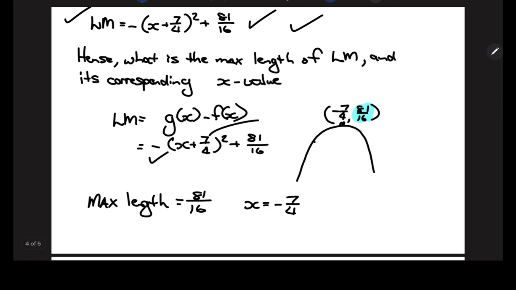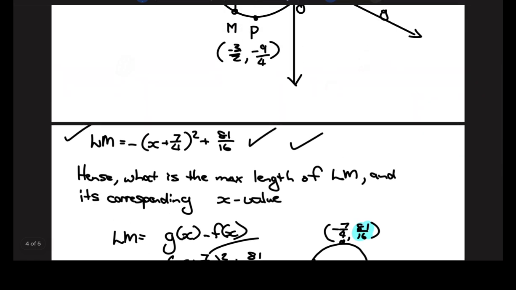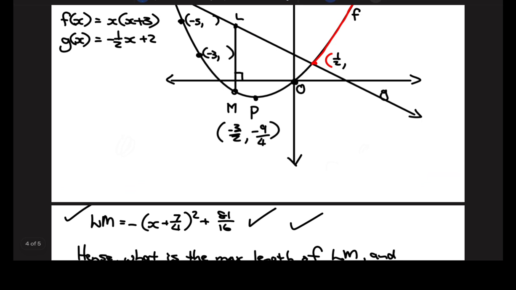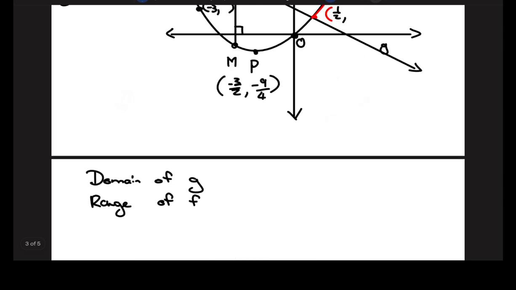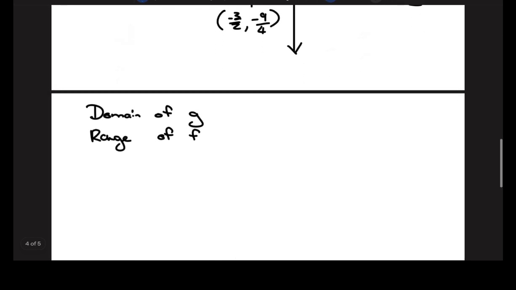What we've done is we've taken an L and we wanted to work out the length of LM, top function minus bottom. I got it in terms of another function, which in this case was a parabola, and that parabola has got a turning point, and the turning point hence will give us either a maximum or a minimum value.